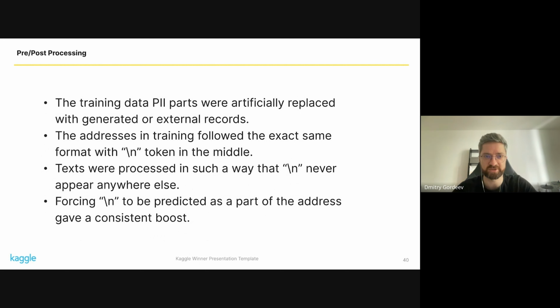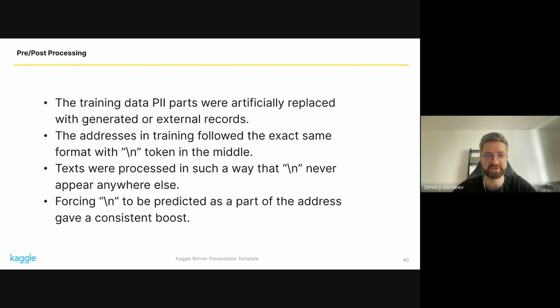So these 2 addresses had the /n token, and this word has never appeared anywhere else in the entire data set. So it was probably taken from the data generation process, while the rest of the text was processed in such a way that the /n token has never appeared anywhere else. So it was a very, very easy post-processing.